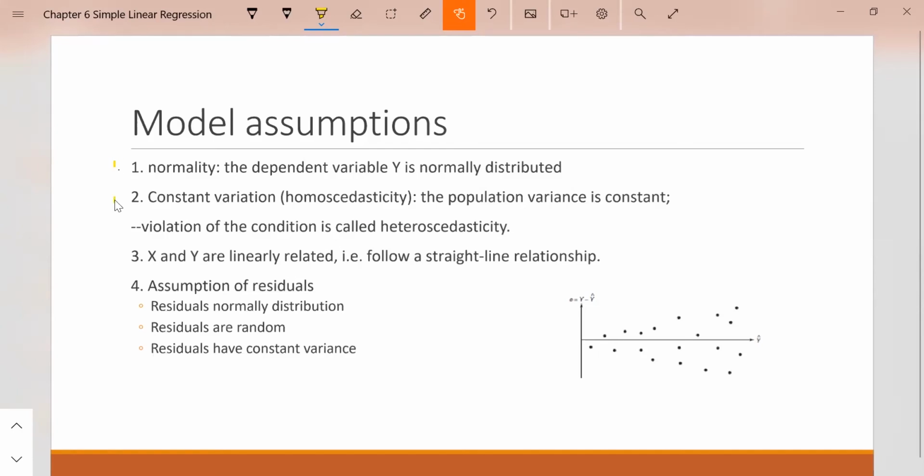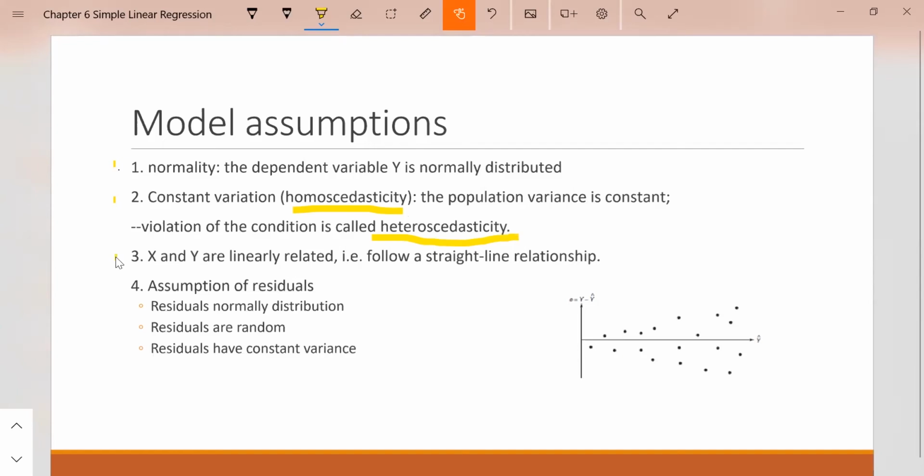Number 2, we want constant variation. And we have a specific term for that. It's called homoscedasticity. Okay, it's a long word. It just means constant variation. That is, we want the population variance to be constant. If this condition is violated, that is called heteroscedasticity.